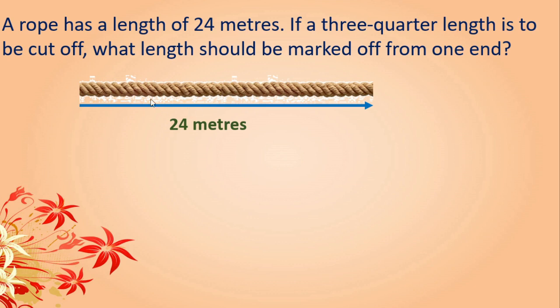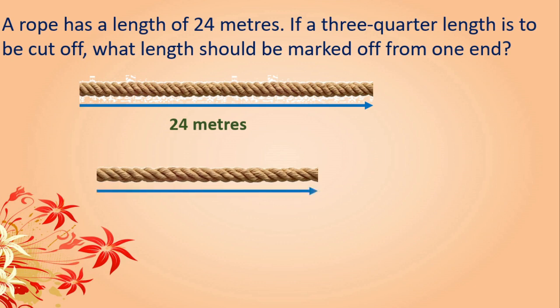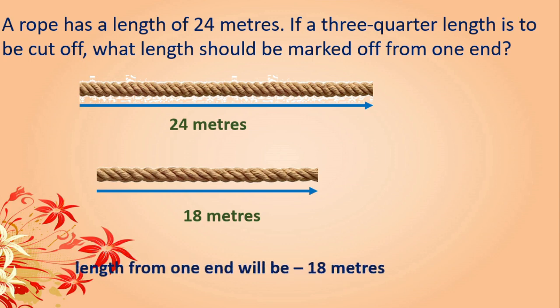Half of 12 is how much? 6. Otherwise, how do we do it? 3/4 is half plus quarter. Here half is 12 and quarter is 6. So 12 plus 6 is 3/4, that is 18, isn't it? See, this is our 3/4 rope, that is 18 meters. The length from one end will be cut at 18 meters.